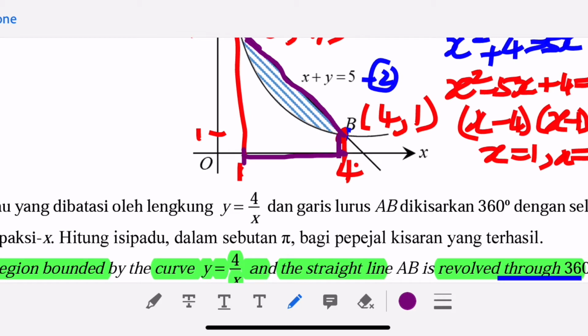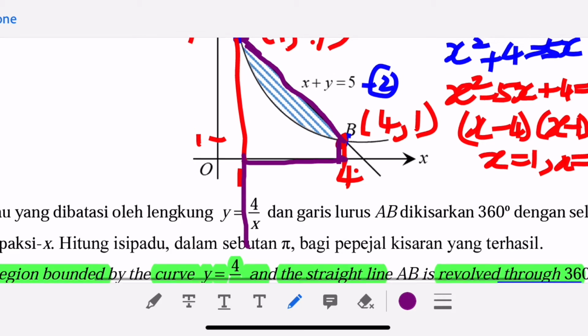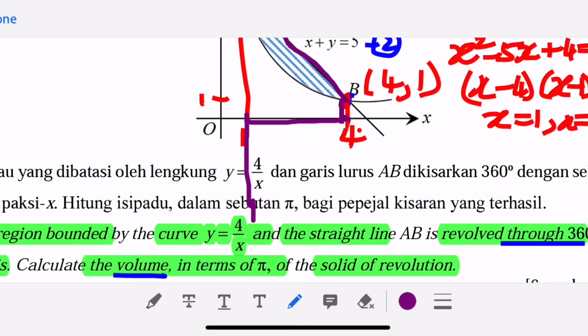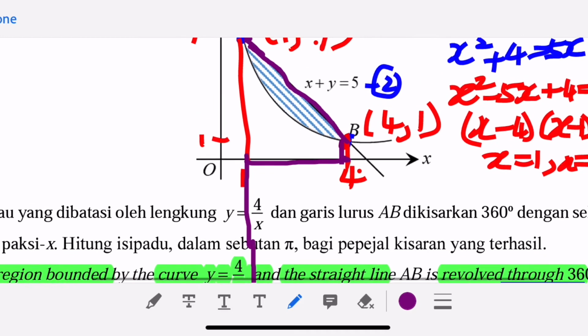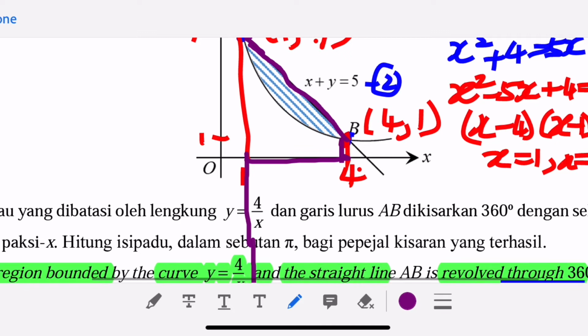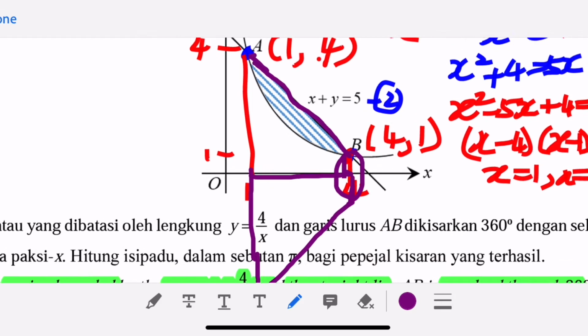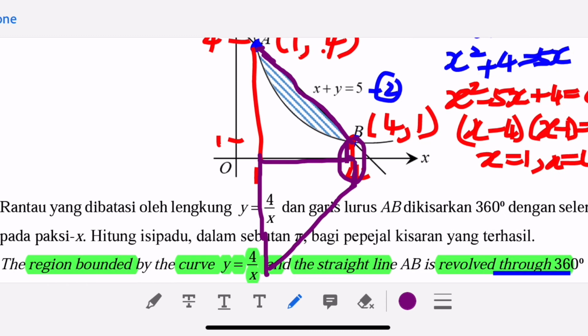So you can start to figure out the shape of the volume. It is almost like this. Okay, so this is the 3-dimension shape, a solid generated. I just sketch roughly. This is the shape of the solid that will be generated.